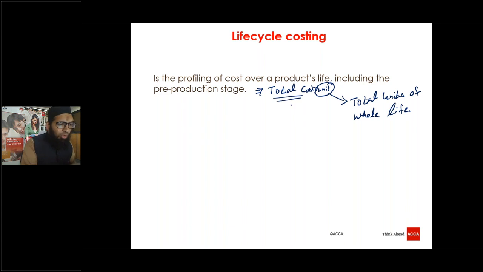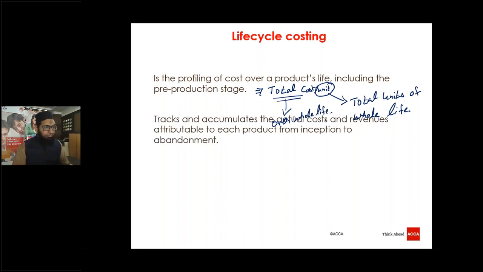And as far as total cost is concerned, it is once again over the whole life. That means track and accumulate the actual costs and revenues attributable to each product from inception to abandonment.